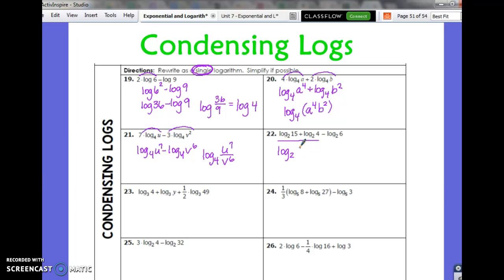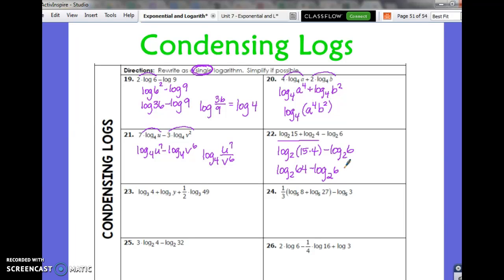So that will be log of 15 times 4. And then bring down the other piece. As some of you are more visual and can multiply things in your head, you are more than welcome to do that. But that will be log base 2 of 60 minus log base 2 of 6.